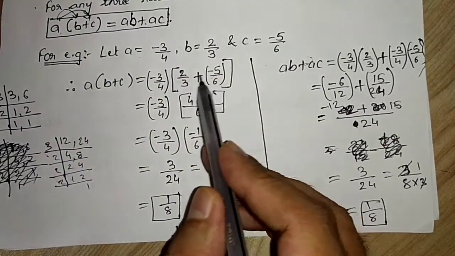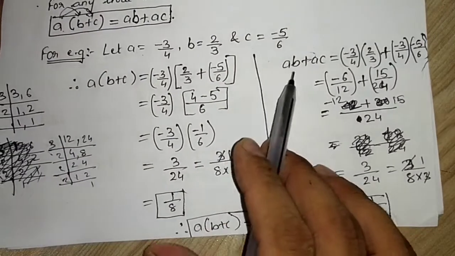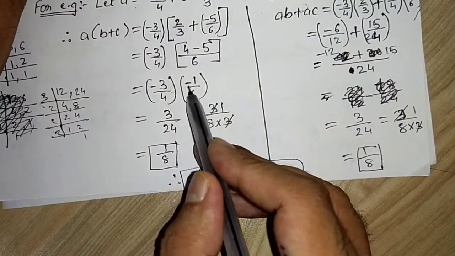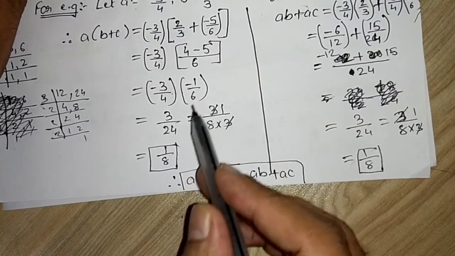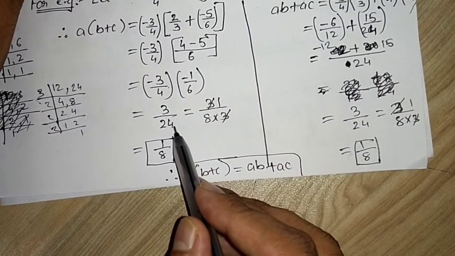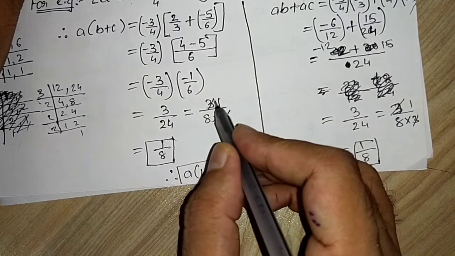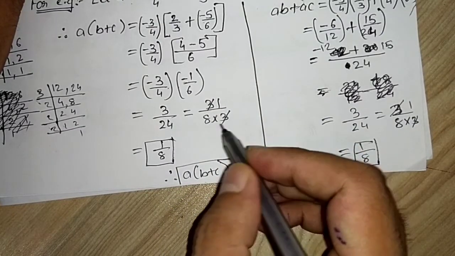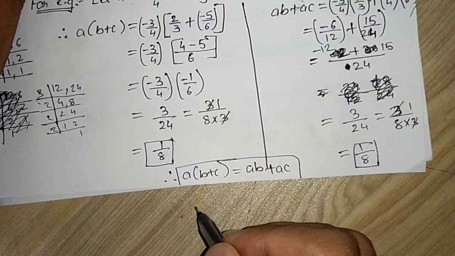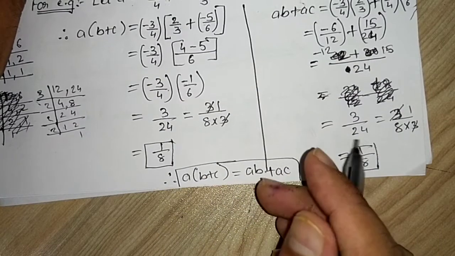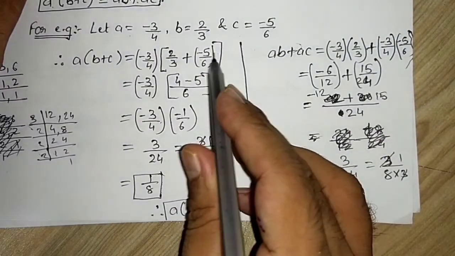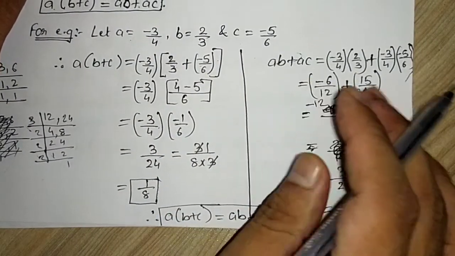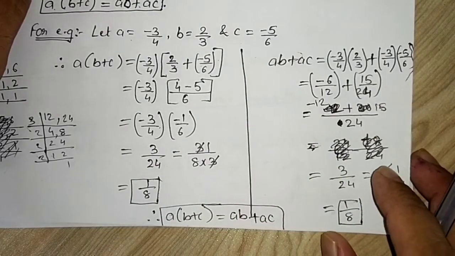When I solve this bracket, I get minus 1 by 6. Multiplying these two, I get minus 3 divided by 24, which I can write as 3 divided by 8 into 3. The 3 will cancel out and I get minus 1 by 8. You know very well how to solve this bracket, as I have already discussed it in 7th standard.